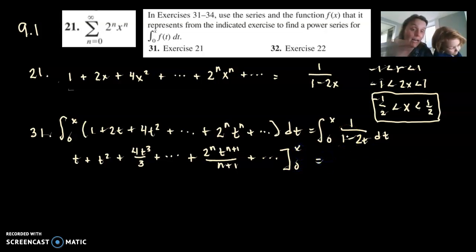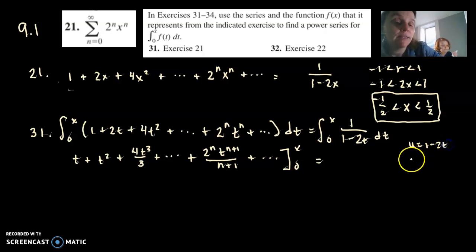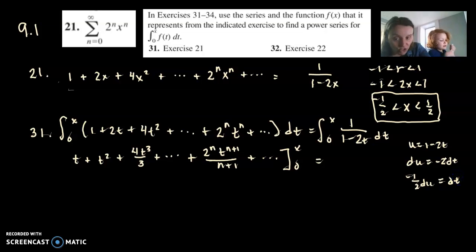On the other side of the equation, I have 1 over 1 minus 2t, so I'm going to need to do a u substitution. So u is equal to 1 minus 2t. And then du would be -2 dt, and that means that dt is -1/2 du. So when I do that substitution, I have 1 over u times -1/2.